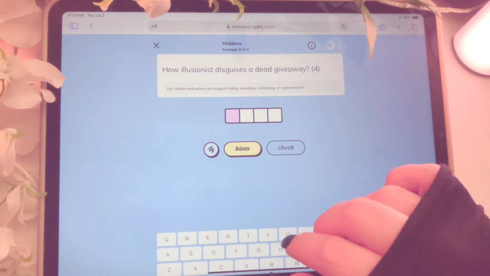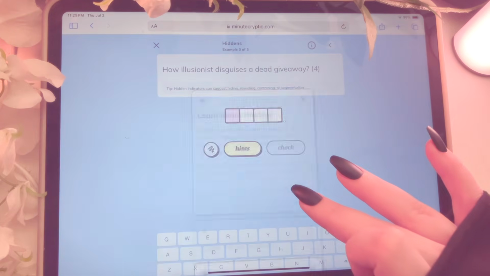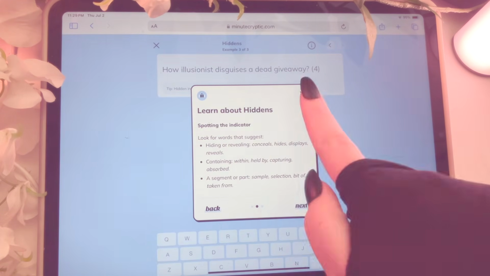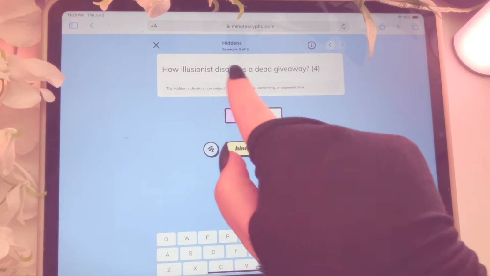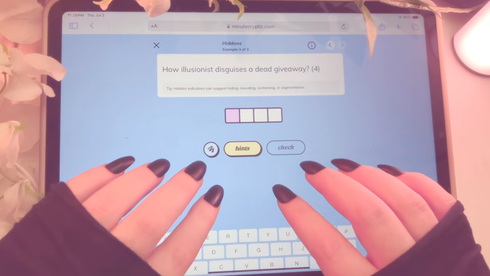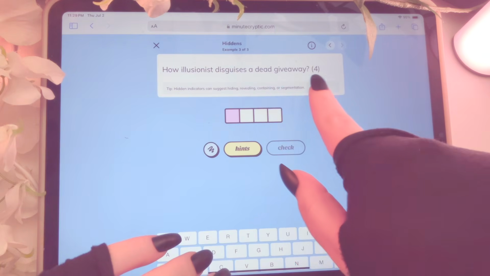I think they actually gave that as an example for indicators. Okay, they didn't, but it's very similar. Disguises. That means whatever comes before it will be disguising a dead giveaway.